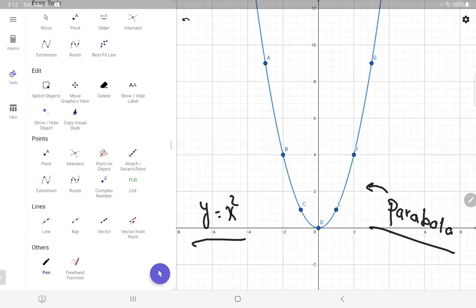The second thing we need to know here is about this parabola. There's a mirror. You can split it into 2 equal halves, right? So this line is the mirror.